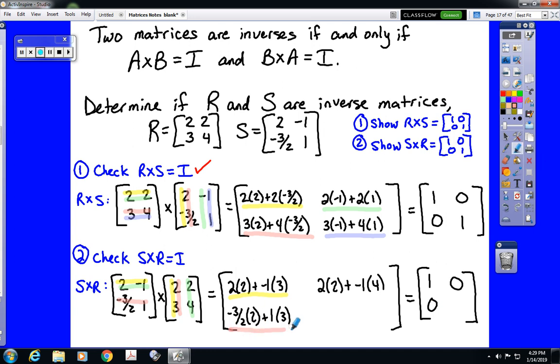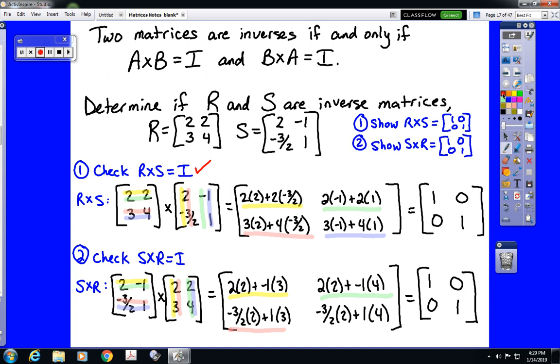I missed one of my colors here, so let me get that fixed. There we go. And then finally, row 2 times column 2, which would be negative 3 halves times 2 plus 1 times 4. It's negative 3 plus 4, which is positive 1.